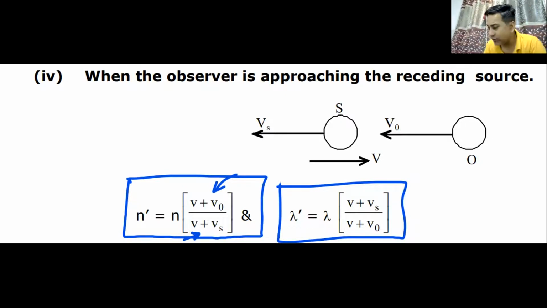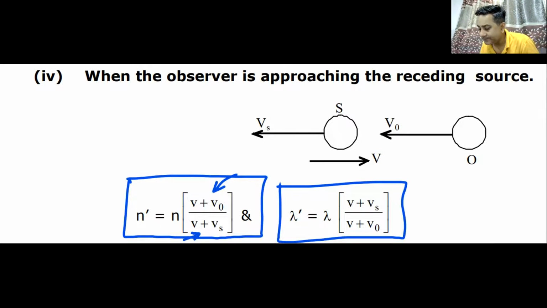Wind can blow in two directions: in the direction of the sound or in the opposite direction. For example, I am the source producing sound, so the velocity of sound is like this. The wind can flow in the same direction or in the opposite direction.